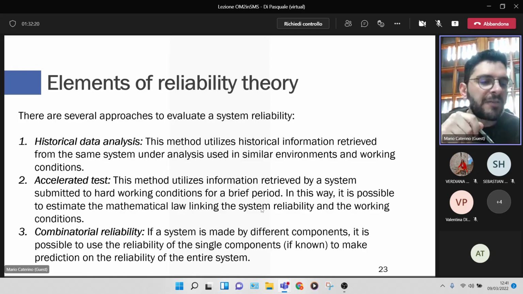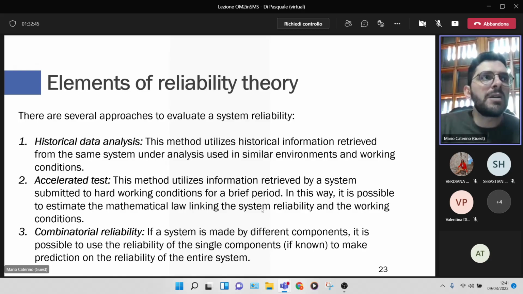components have relationships. The components of a system have relationships among them. So it is possible that the failure of a component directly affects the correct working condition of the other components of the same system.